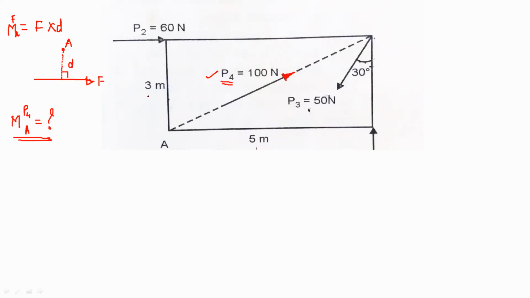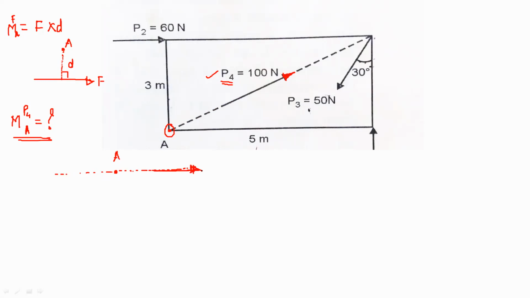But if you observe this case, the line of action of force P4, that is 100 Newton, is exactly passing through the point A. So is there any perpendicular distance? There is no perpendicular distance with respect to point A. This is a point A, and this is the force.